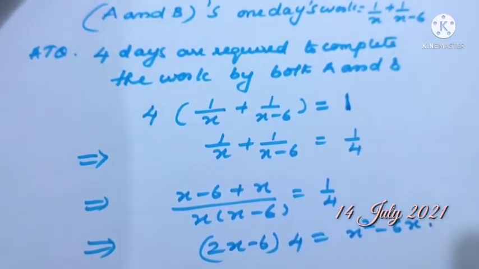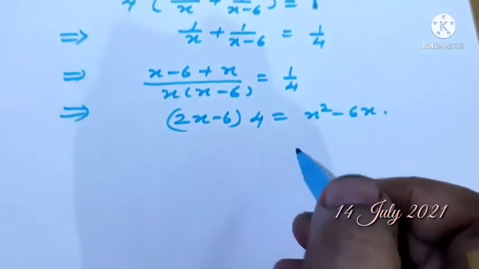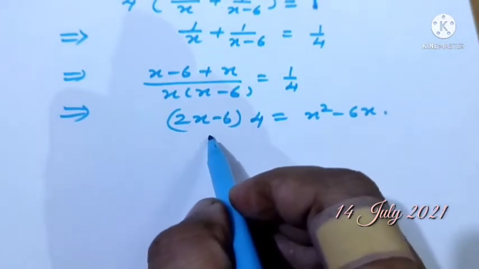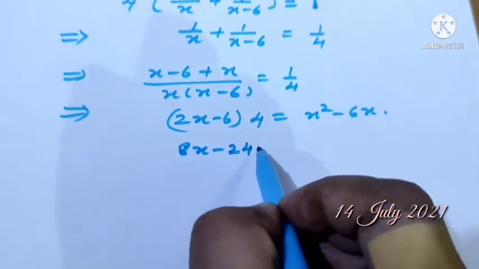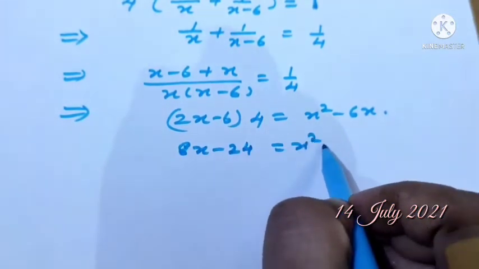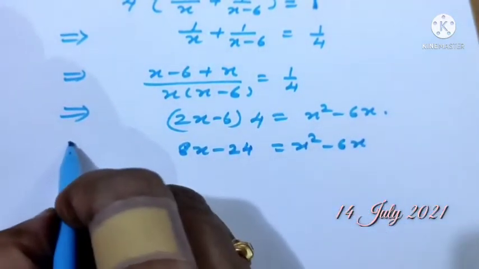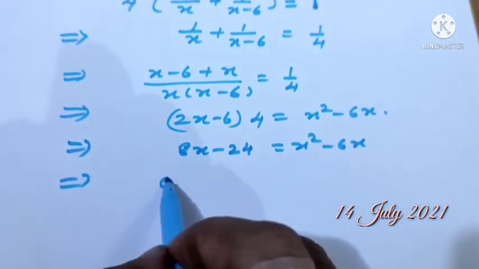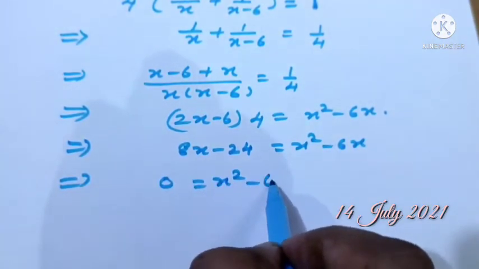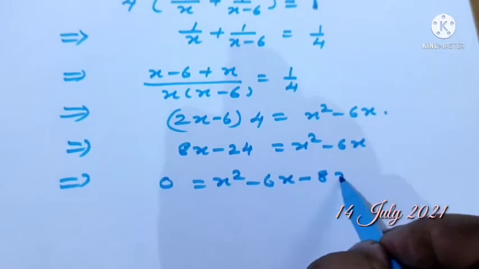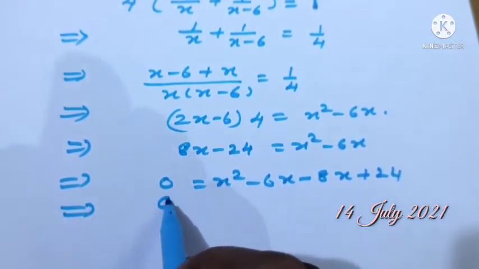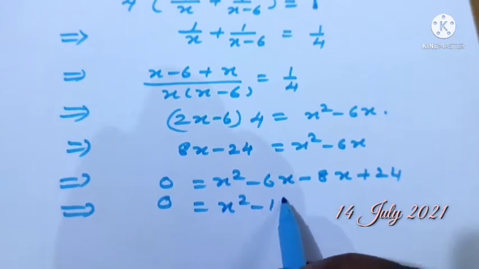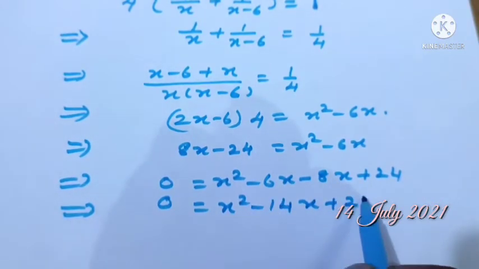So expand with the 4 only: 8x minus 24 equal to x square minus 6x, implies 0 equals x square minus 6x minus 8x plus 24, that is x square minus 14x plus 24.